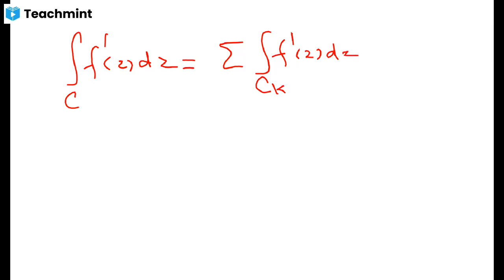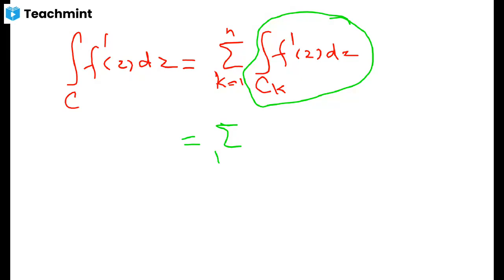This is the property of line integrals, where k runs from 1 to n. Now the integral inside this summation is the integral that we considered in our first case, so I can apply the first case here.